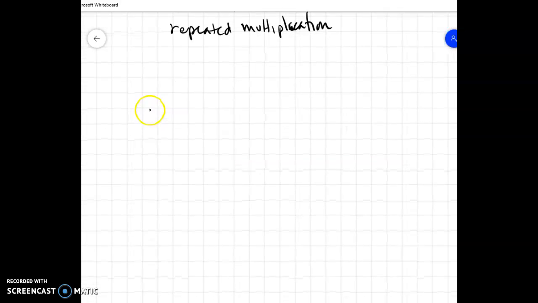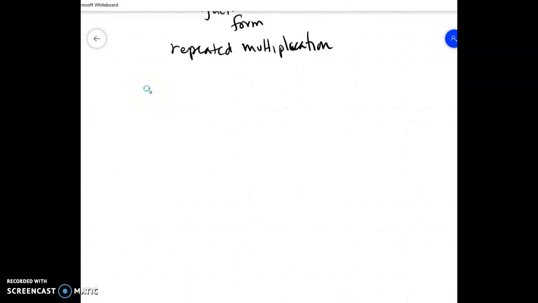So let's take a look at the difference between if I wrote, let's put some numbers in with signs. Let me change it. So negative 2 to the fourth versus negative 2 to the fourth. So you may look at this and say, oh, that's the same problem.